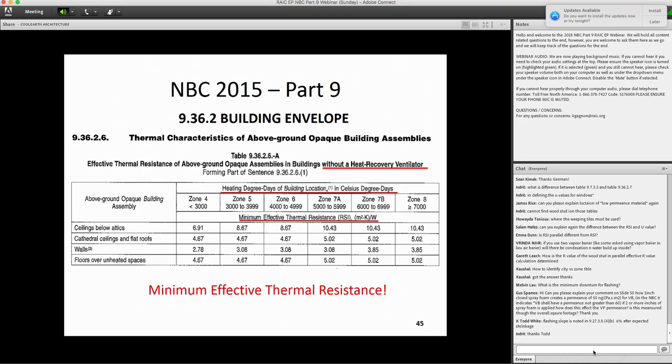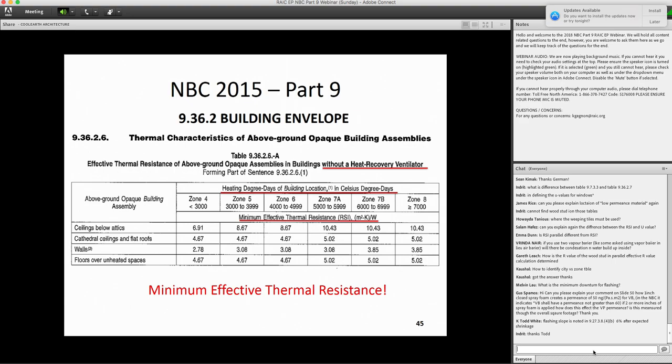So the first one is the minimum requirement, and the second one is for energy efficiency. In defining the U values for the windows, one table is the minimum that you are required, and if you want to do a high efficiency building, you have to go to table 9.36.